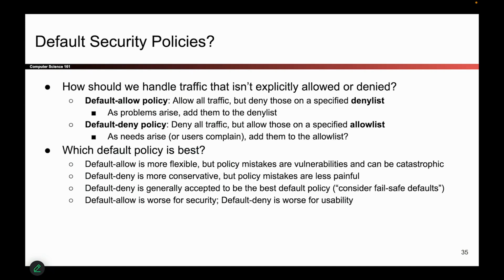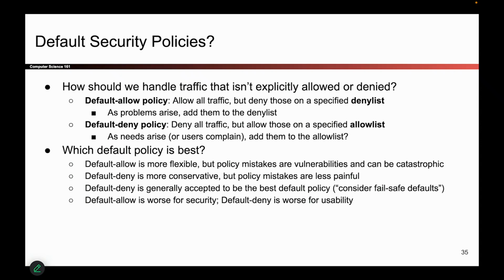That's one possible approach. The opposite approach is to default deny, which means you have a list of what is allowed, so keep a list of good websites. And if something is not on the good website list, then deny it by default. So you could either say everything that's not on the list is allowed, or everything that's not on the list is denied.